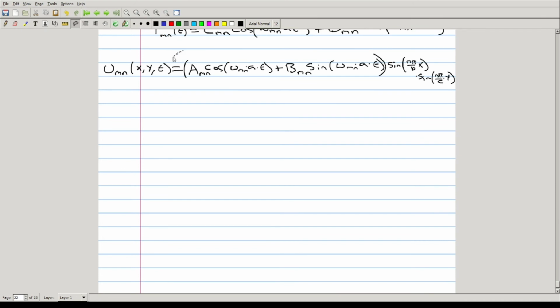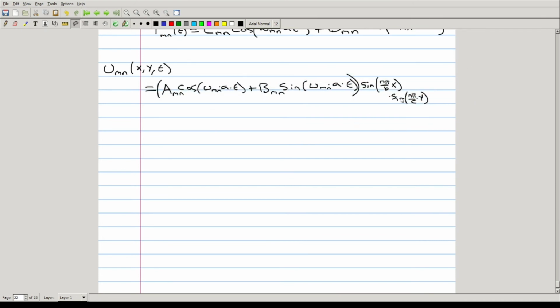So this is a solution to the wave equation for any value of m and n that are positive integers.